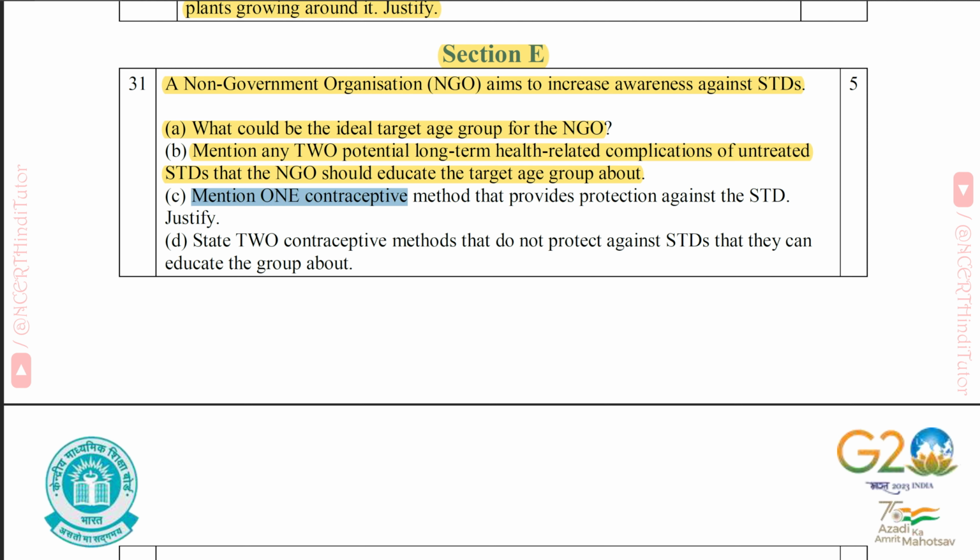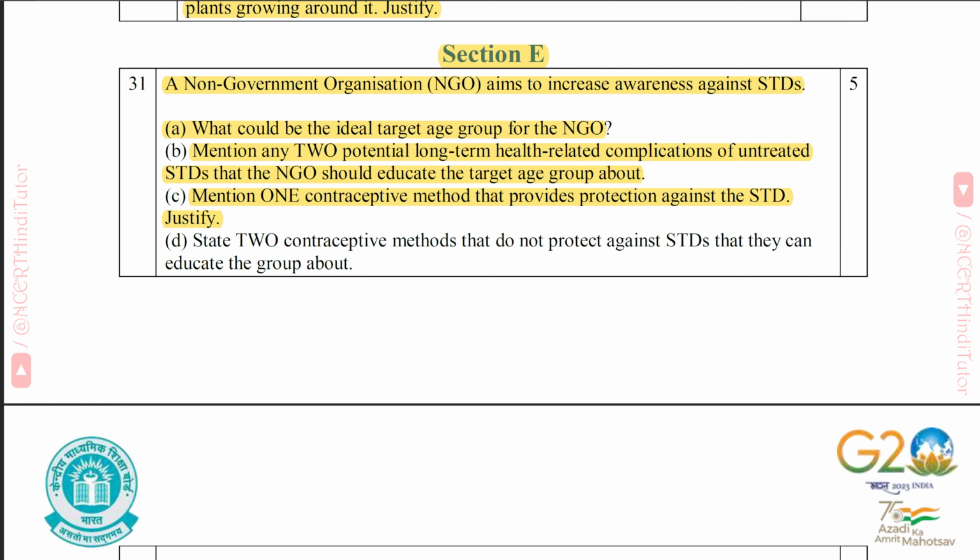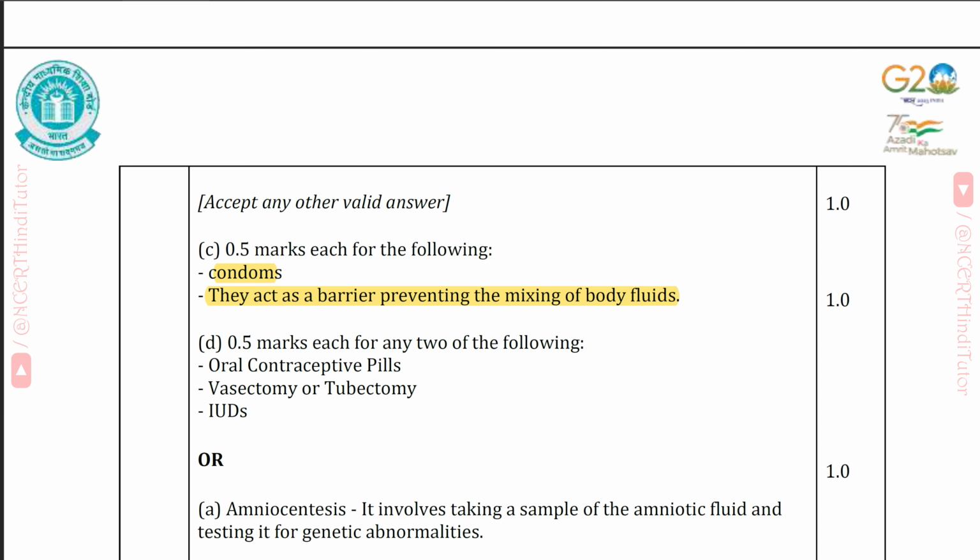C. Mention one contraceptive method that provides protection against the STD. Justify. Answer. Condoms. They act as a barrier preventing the mixing of body fluids. D. State 2 contraceptive methods that do not protect against STDs that they can educate the group about. Answer. Oral contraceptive pills, vasectomy or tubectomy, IUDs.